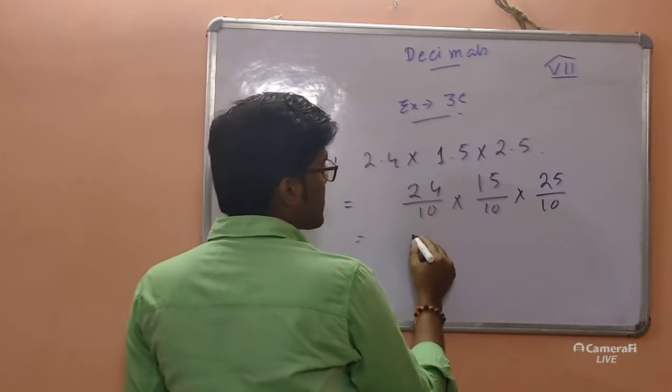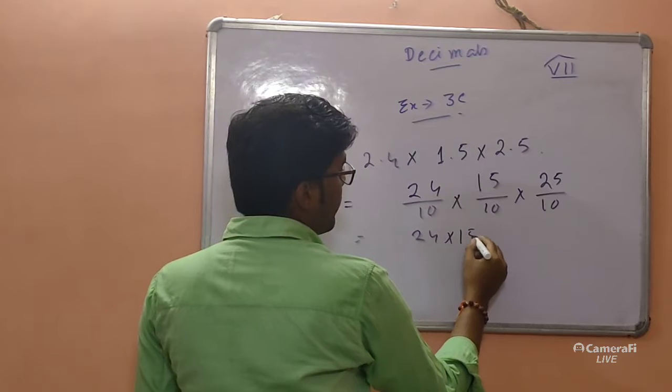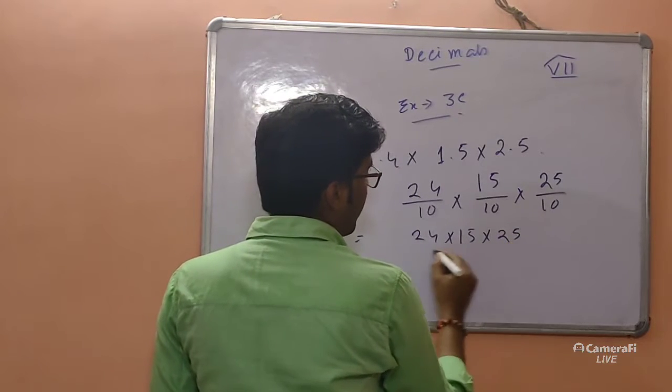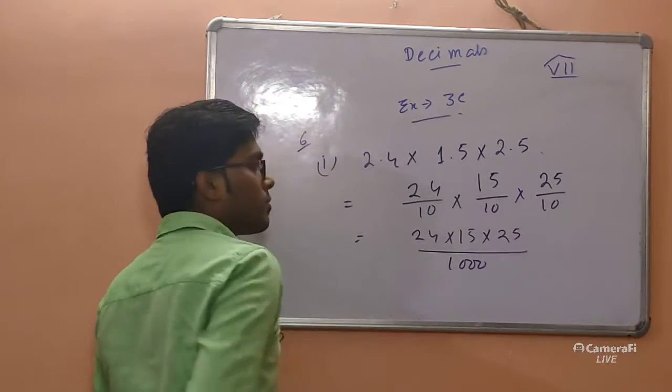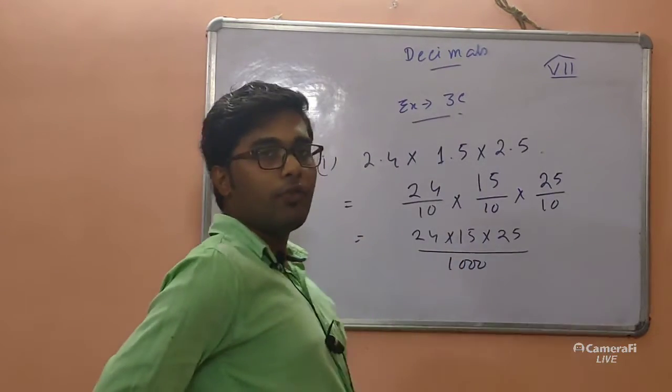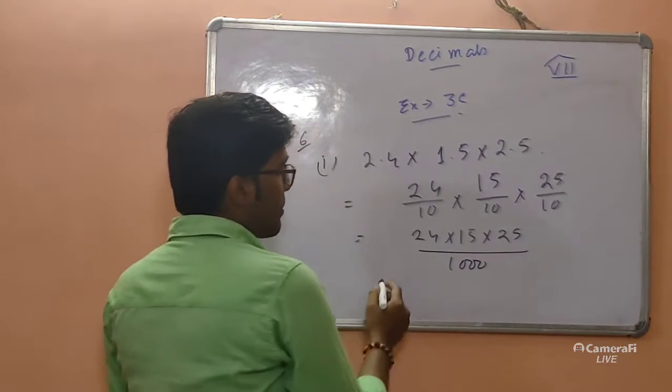Now multiply the numerators: 24 into 15 into 25, divided by 10 into 10 into 10. So 3 zeros, right? After 1, 3 zeros. Now multiply this.